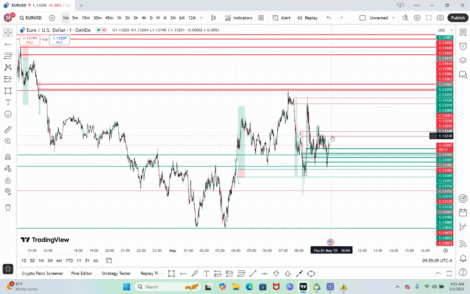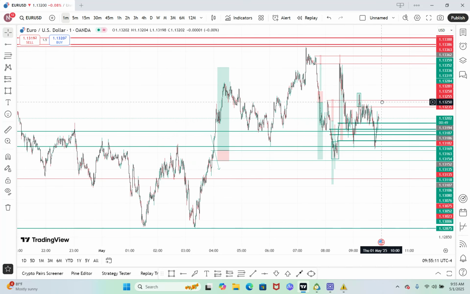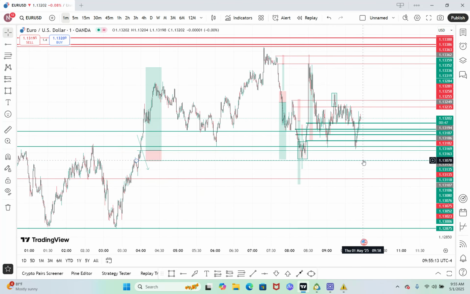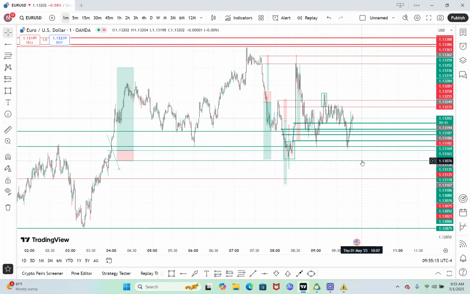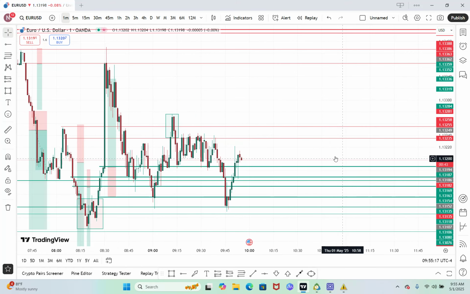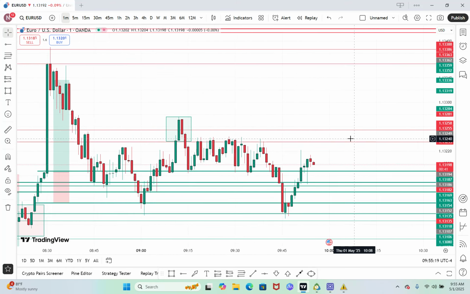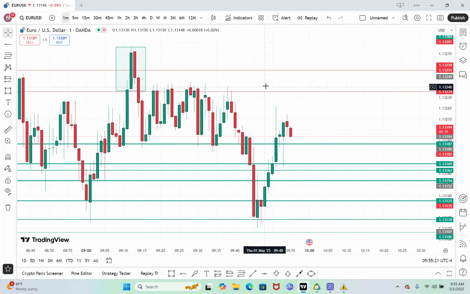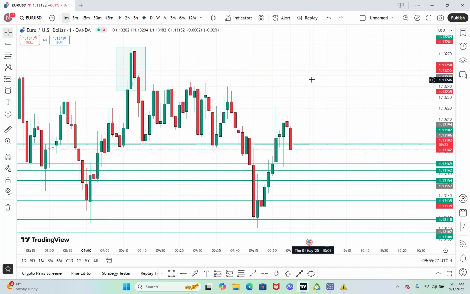So even when we stop trading, our limit orders would still be in the market working for us, right? You have to allow your money to work for you even when you're sleeping.